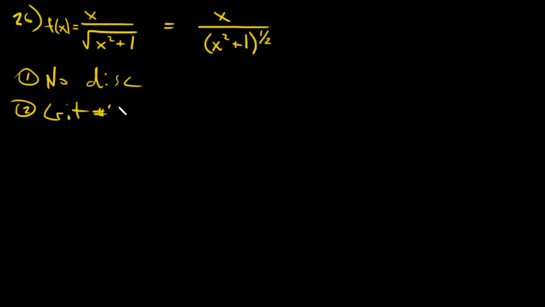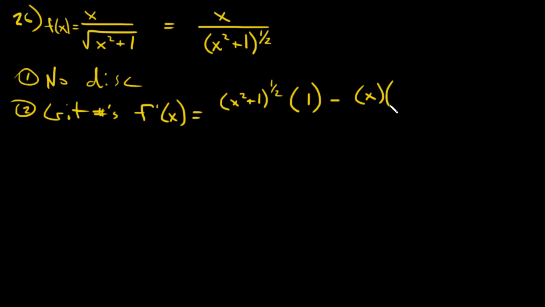So for the critical numbers, I'm going to need f prime of x, and that's going to require a quotient. So here we go. It's going to be the bottom untouched, so x squared plus 1 to the 1/2 power, times the derivative of the top, 1, minus the top untouched, x, times the derivative of the bottom.